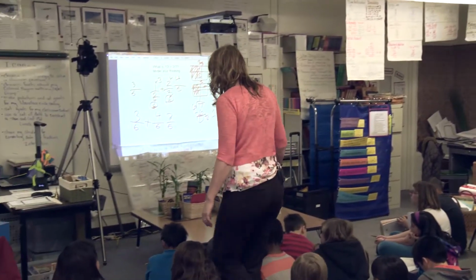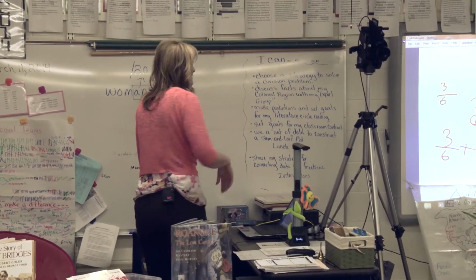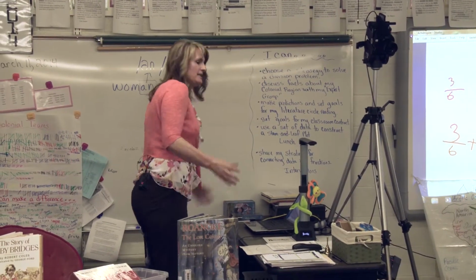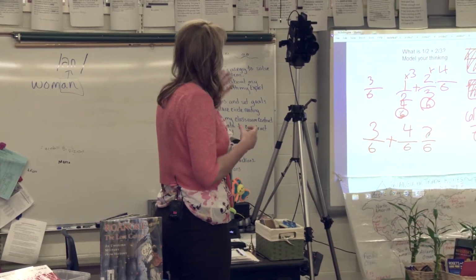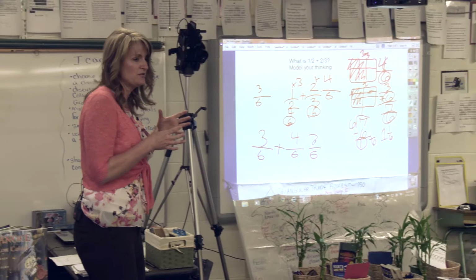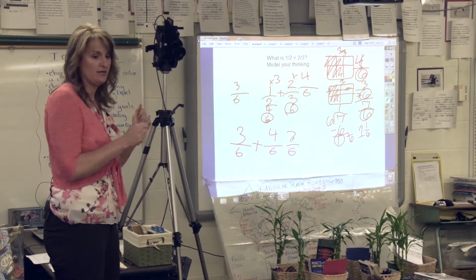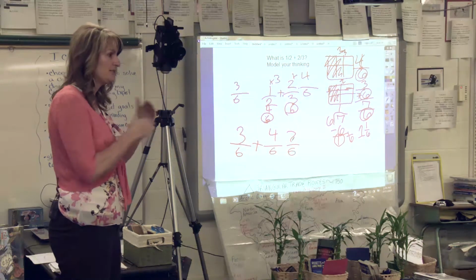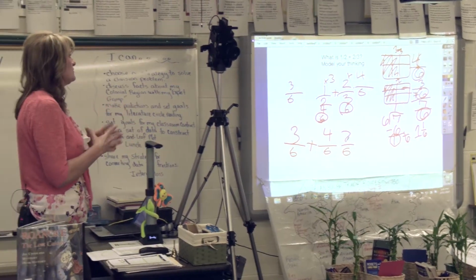All right, so if your strategy didn't get you to the same place as what was shared, please make those revisions in your work. Okay, some of you tried fraction circles. Will circles work with this? I mean, it could, but it's really hard to subdivide them further, right? So fraction circles probably won't work.